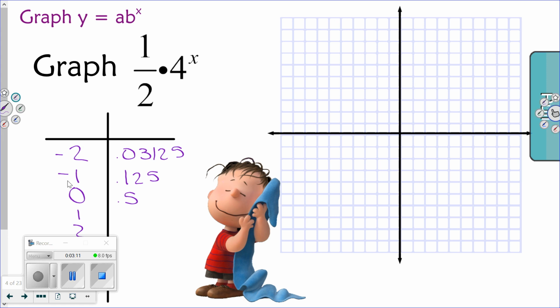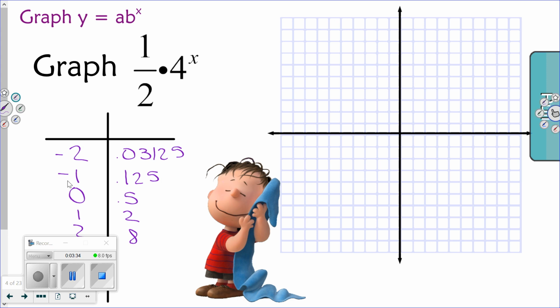Did somebody say the 0 doesn't make sense? Anything to the 0 power equals 1. And 1 times half is half. All right, what if I plug in a 1? What do I get? That's 2. And if I plug in a 2, hey, there's numbers that we actually like to look at, right?